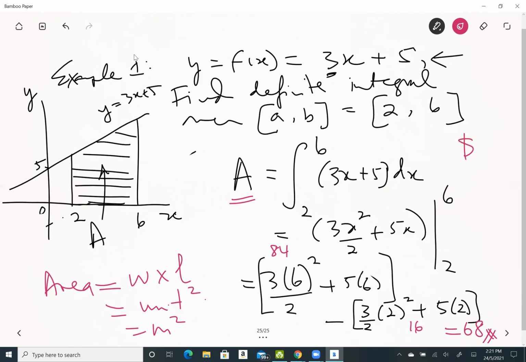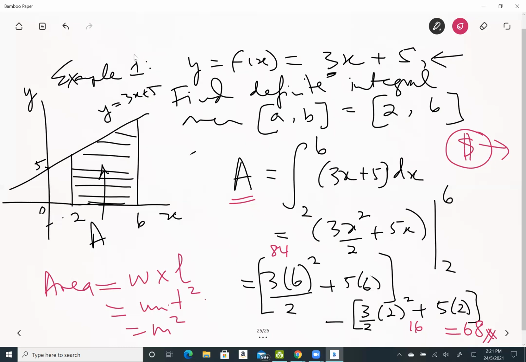You don't call it dollar squared, you just say dollar. So for application, we don't say the unit as an area unit, we just use the basic unit. So that is the definite integral.